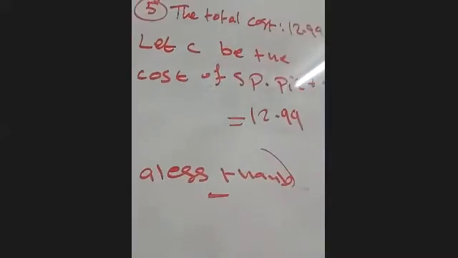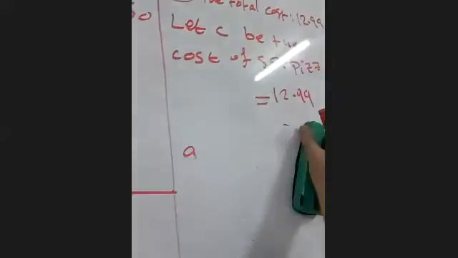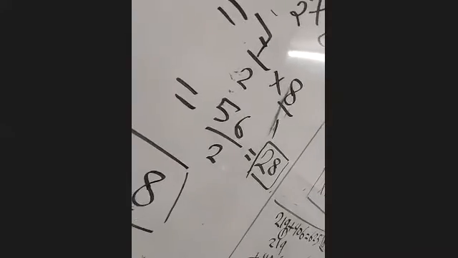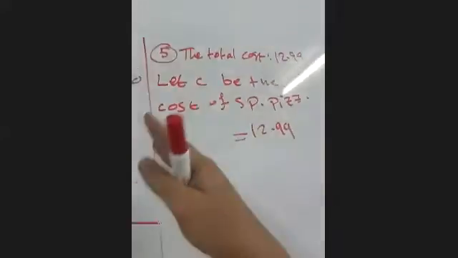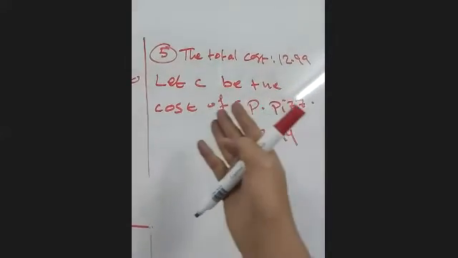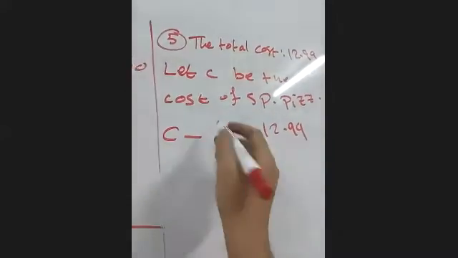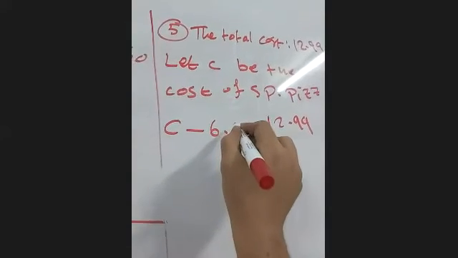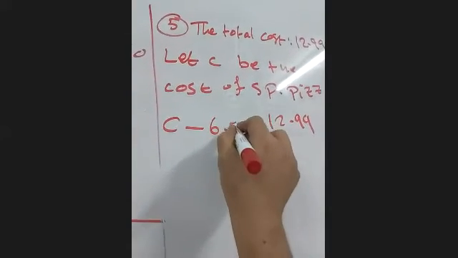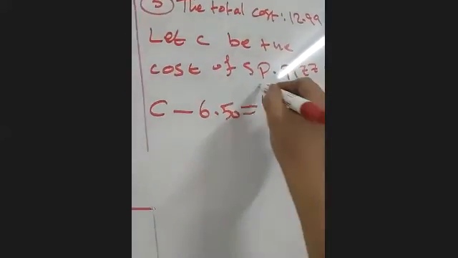We did that before. So they said it is 6.50 less than the cost of the specialty pizza, right? So it will be C minus 6.50. Yes, they want the equation.